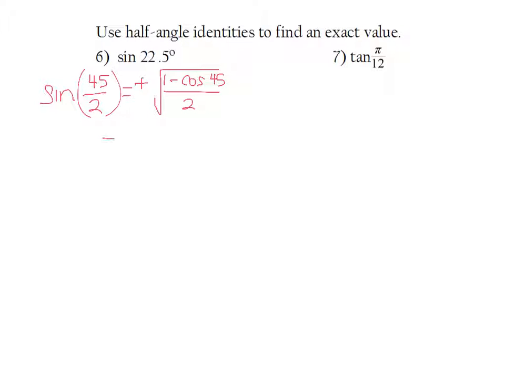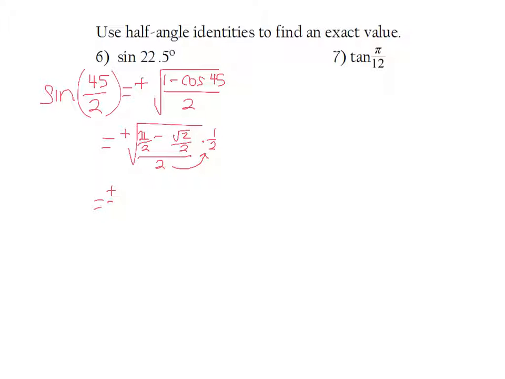Now let's just simplify the radical up. It's going to be a positive square root of 1 minus the cosine of 45, which is root 2 over 2. So I'm going to change my 1 to a 2 over 2. And then all of that is over 2. That's a mess of stuff. This is really going to be, more than anything, practice working with radicals, review of our algebra skills. Typically what I do with this divide by 2 is I'm going to bring it up and call it times 1/2, multiplying by the reciprocal.